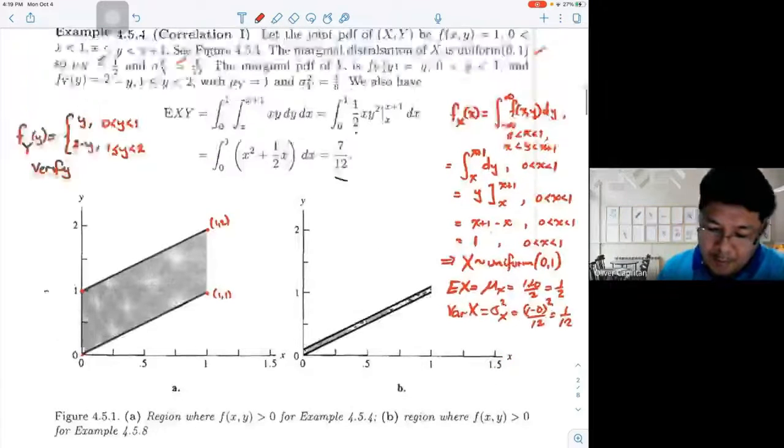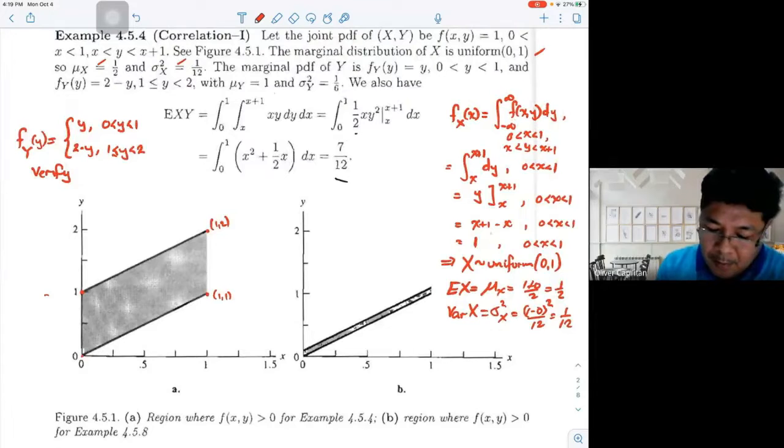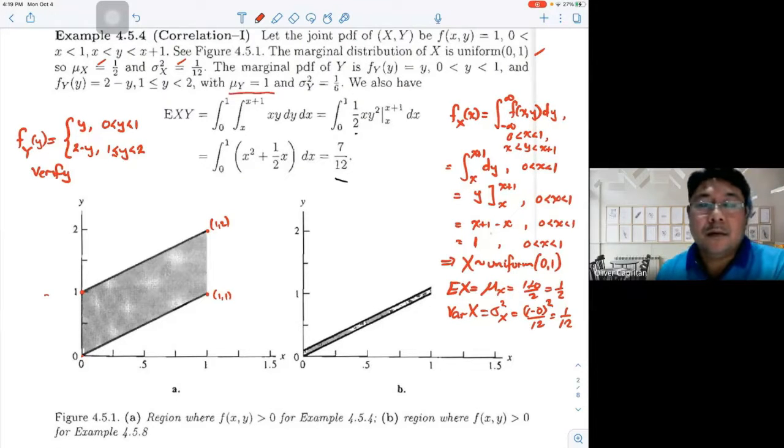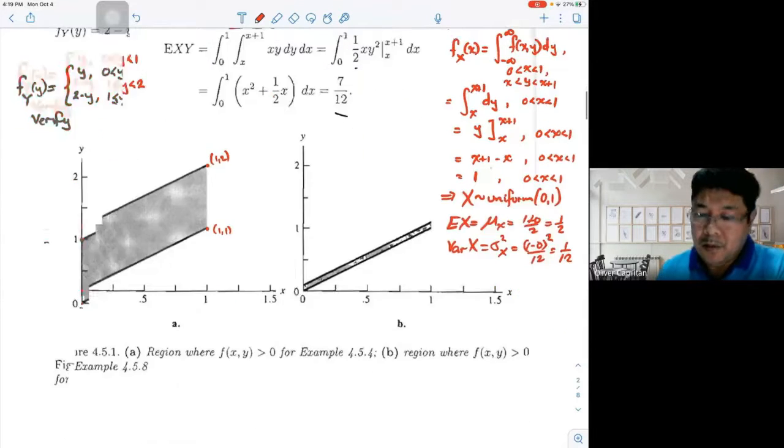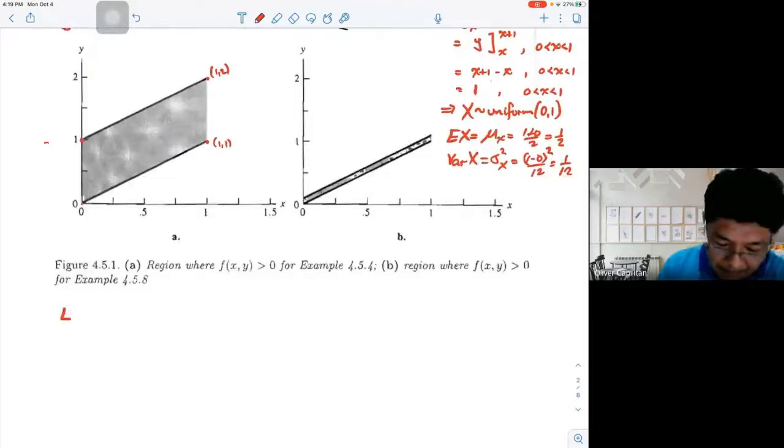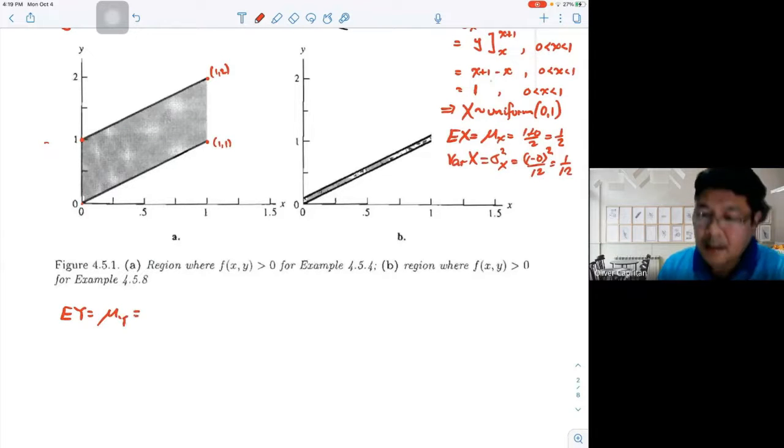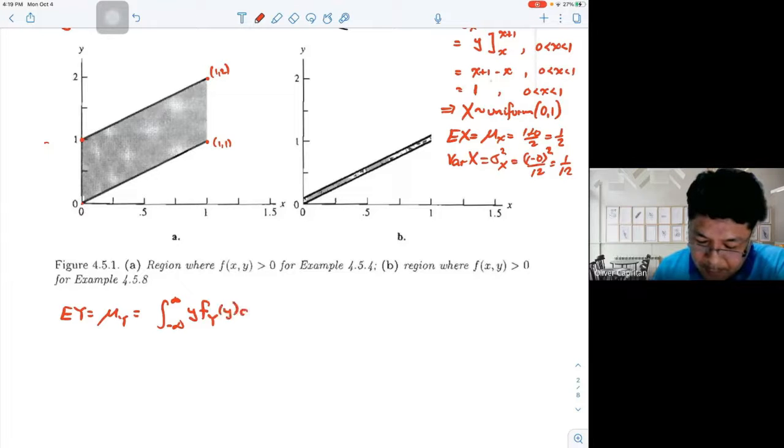Say for example, let's verify that. What about the mean of y? The mean of y is mu sub y. By definition, we have the integral from negative infinity to positive infinity of y times the marginal distribution of y, dy.